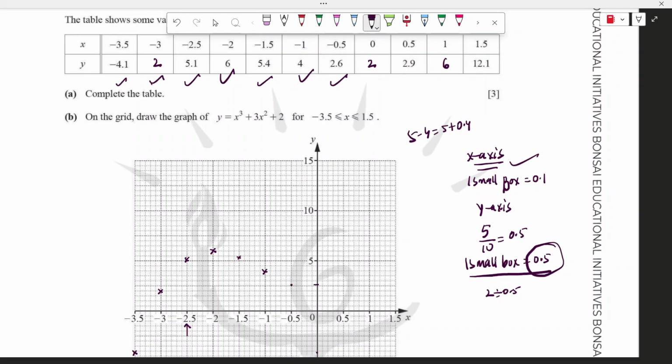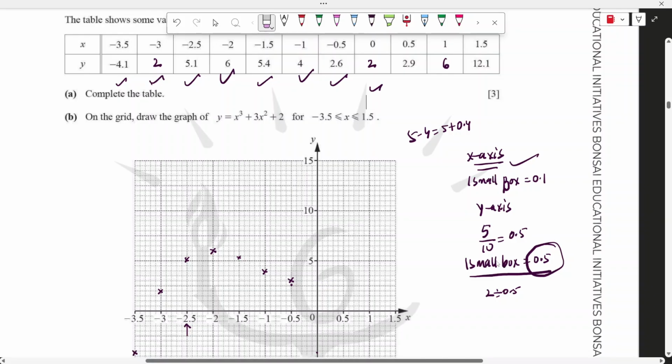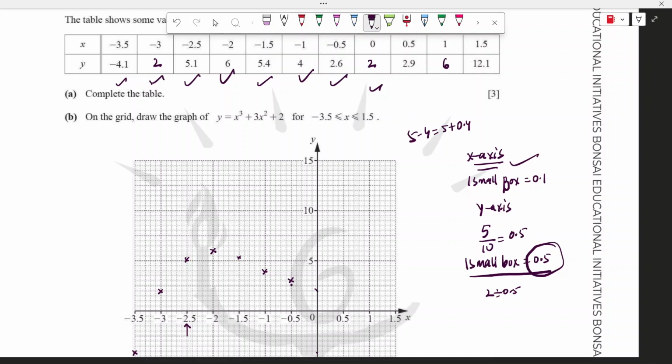This is 2.5, and 2.6 is here, because every small box represents 0.5 units. And next is 0, 2. 2 means 4 boxes: 1, 2, 3 and 4. Okay, we took the 4 boxes.